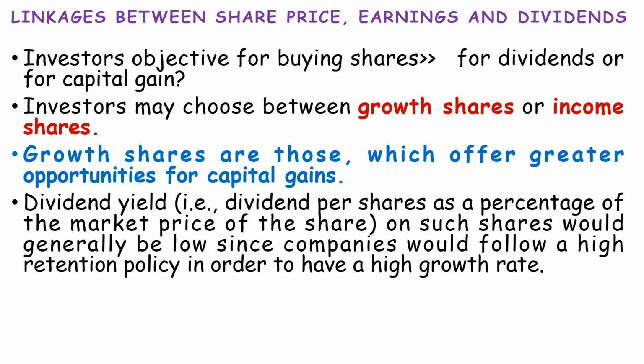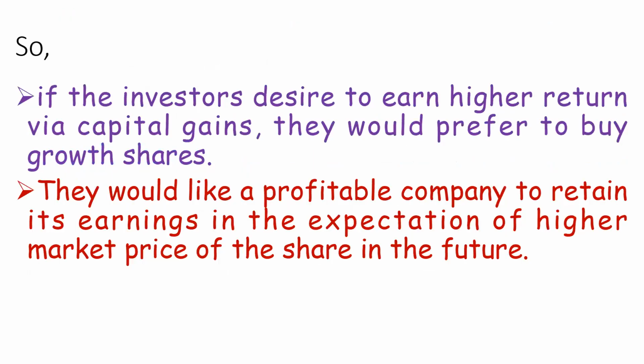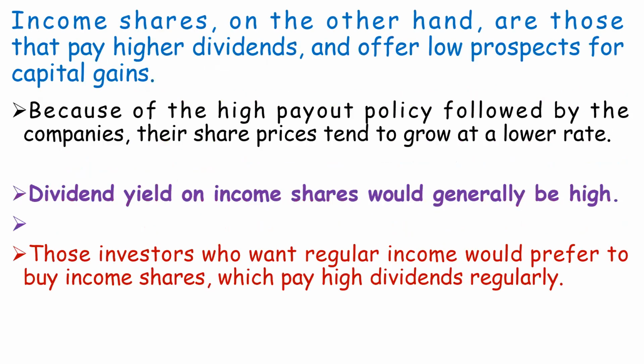If you want a higher return with more capital gain, remember, more capital gain means you have to take some risk. In that case, you go for growth share. There is volatility, but you also have a high chance of growing. If the market prospers, you get a return. In the case of income share, your dividend part will be more and your volatility less.